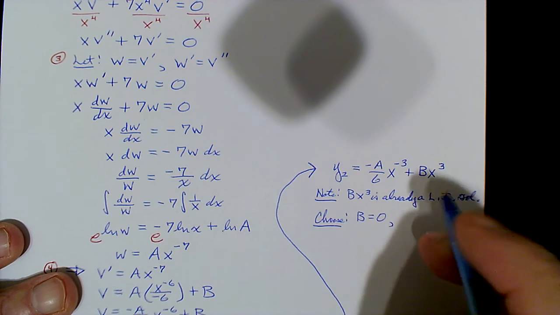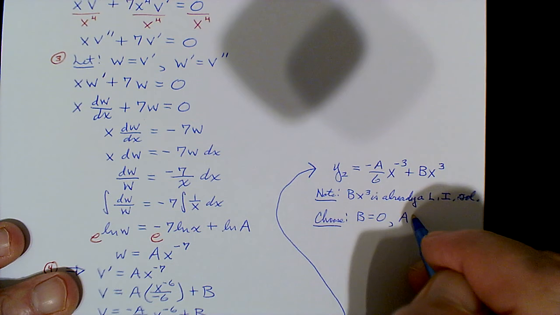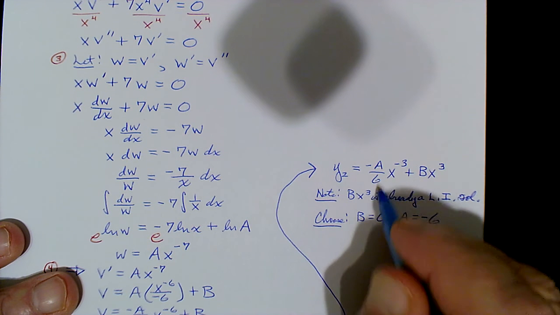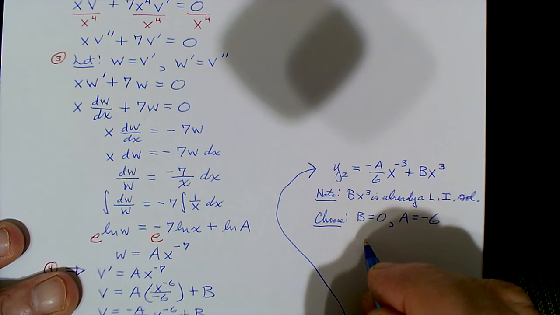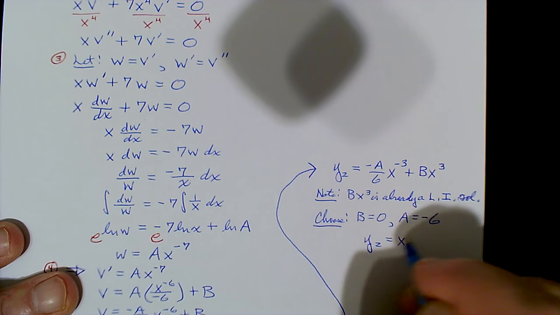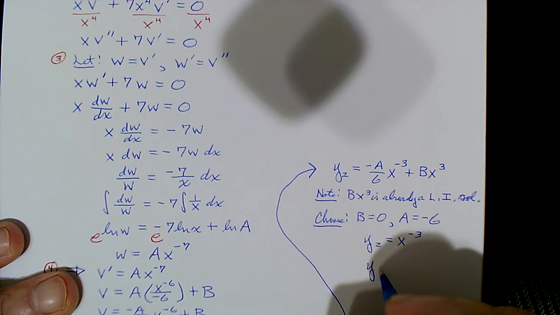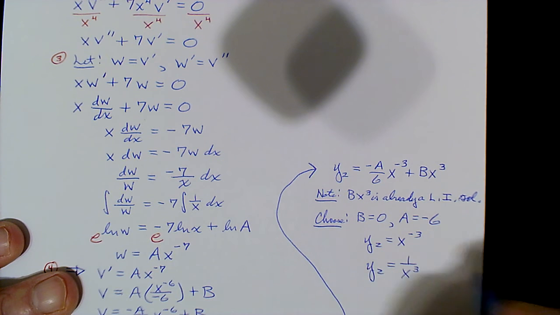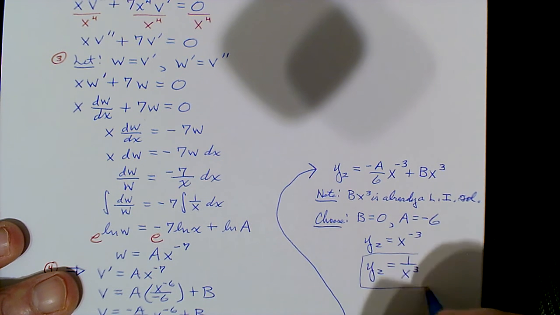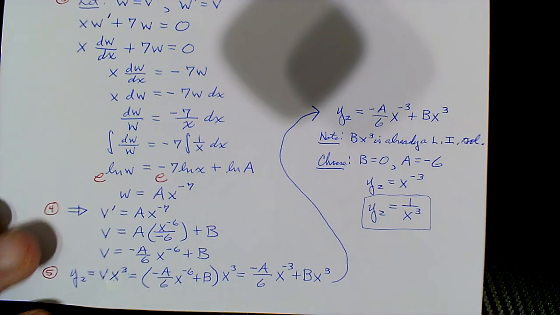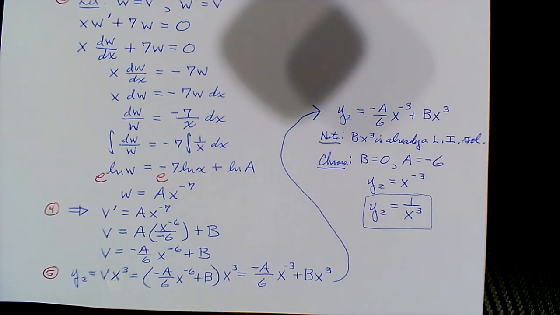And a convenient choice of a, in this case, would be negative 6, so that we get 1 as a coefficient. So therefore, y2 is x to the negative 3rd, or if you like, 1 over x cubed. And that's our solution. Okay, so it's a little bit of a process, and we'll look at one more example.